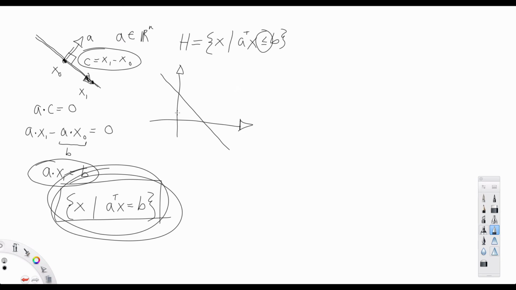One quick way of testing that is to check the origin, plug in the 0 vector, and see whether that satisfies this inequality or not, and then you can see if the origin is in the set. If it's not, suppose it's not the case, then I'm going to draw these hatch marks to indicate that these points are not in the set.